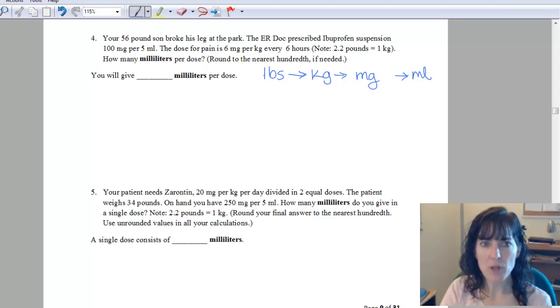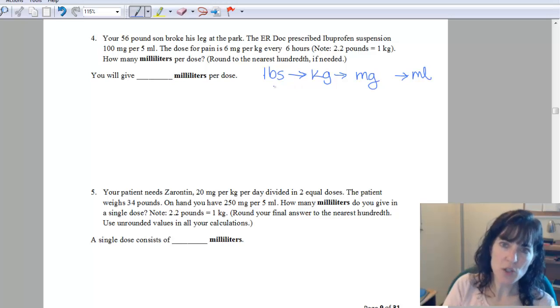So when I'm looking up here, pounds, good, start with pounds. This is milligrams to milliliters, so that's going to give me this last conversion. And then milligrams per kilogram, that's going to give me this conversion. And then pounds for a kilogram, that's going to convert this part for me.